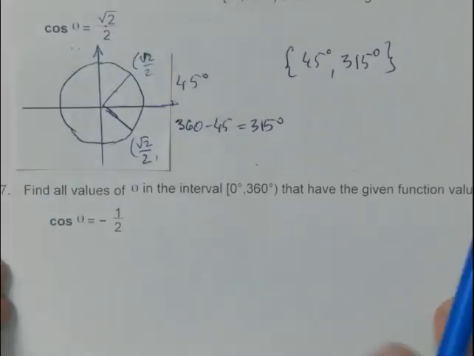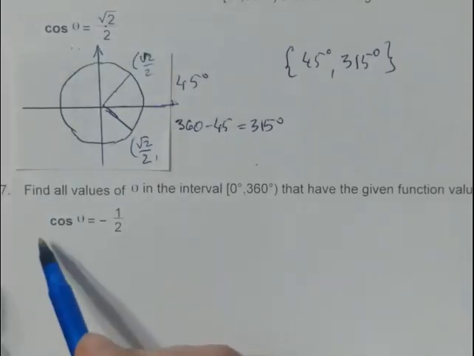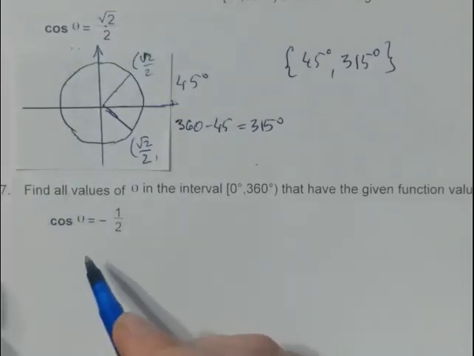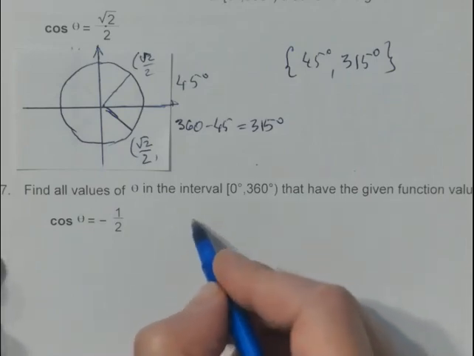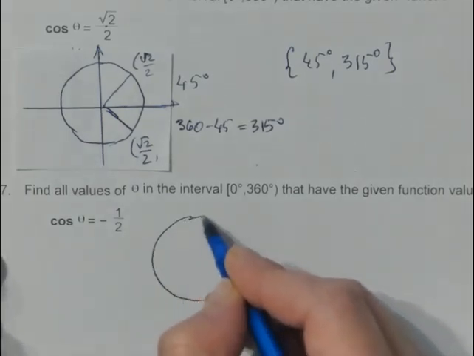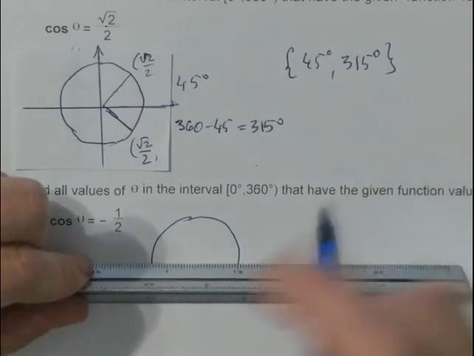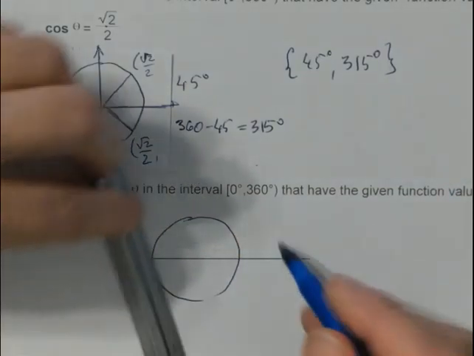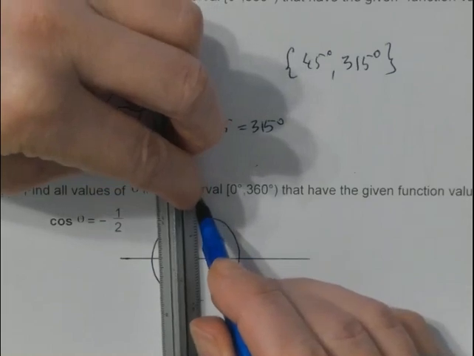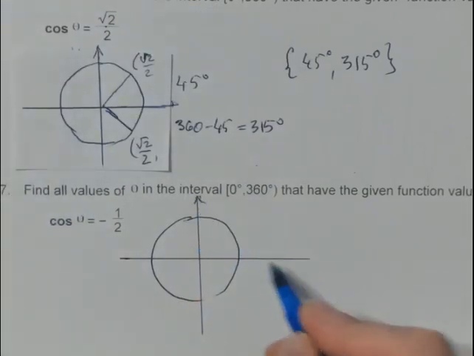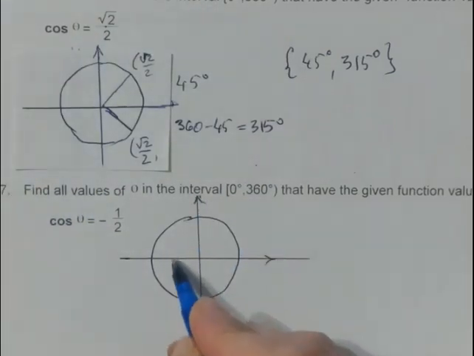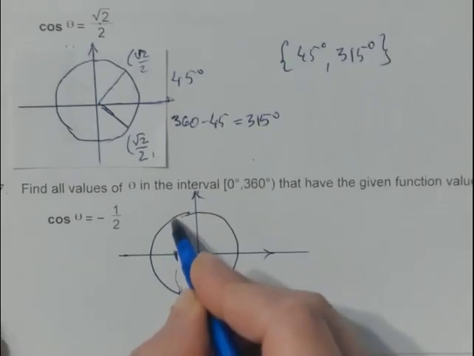Another example of the same kind. This time cosine is equal to -1/2. So negative cosine is on the left from the y-axis, and negative 1/2 is here, so we have two angles.